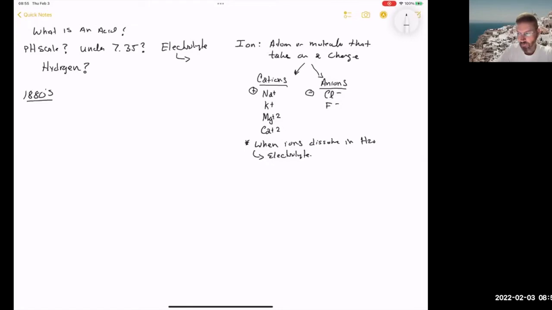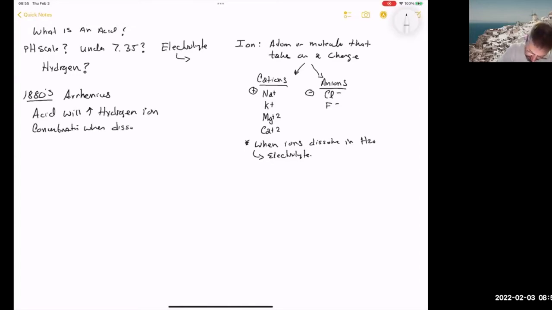A guy by the name of Arrhenius came up with this, and this is what he said: an acid will increase hydrogen ion concentration when dissolved in water.